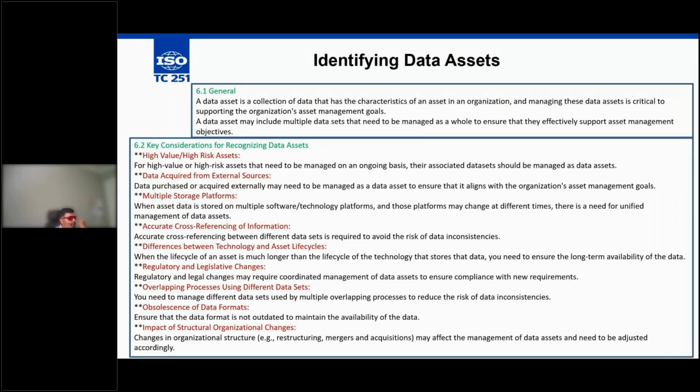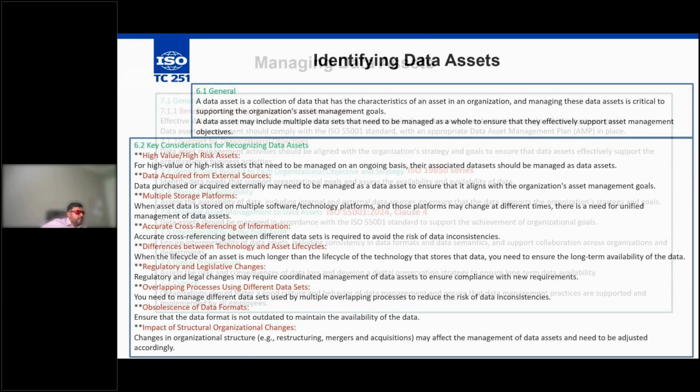Then there is data acquired from external sources, like organizations that invest in purchasing traffic patterns through a certain section of their cities, or weather patterns, in order to predict certain failures, or failure data like reliability centered maintenance failure mode data, which is commercially available by equipment type. So these are types of data that they may be externally purchasing that could become a data asset, because they play a critical role in helping the organization improve its prediction abilities to forecast their performance over the long term.